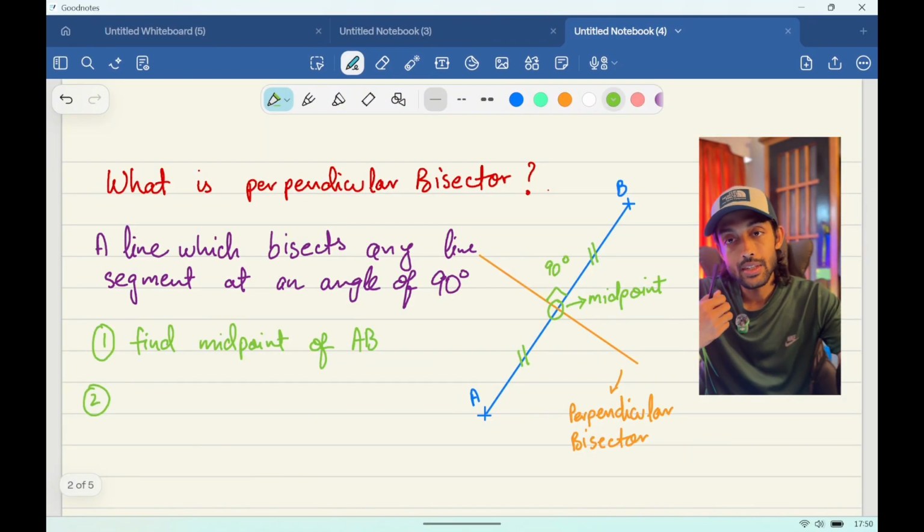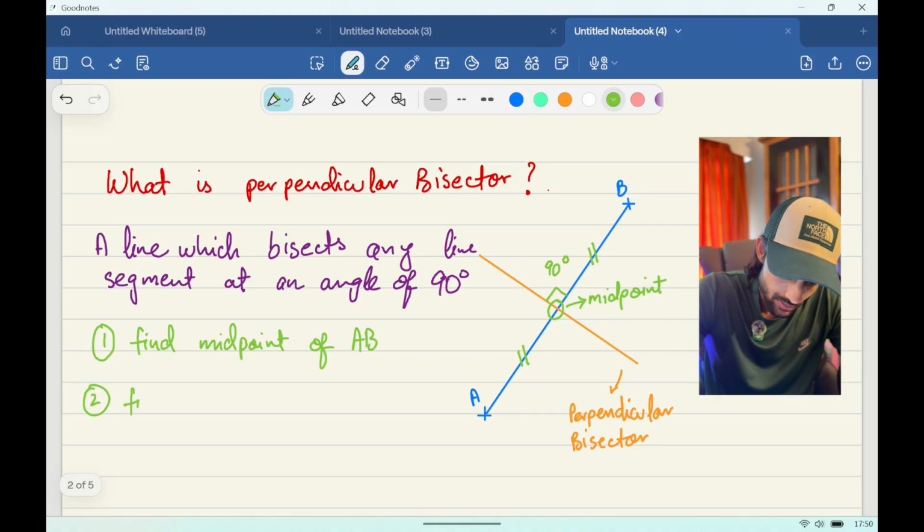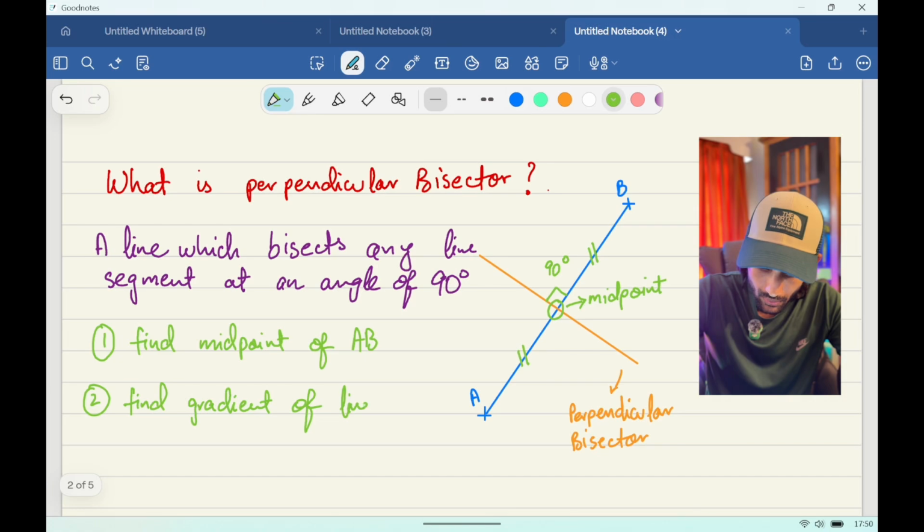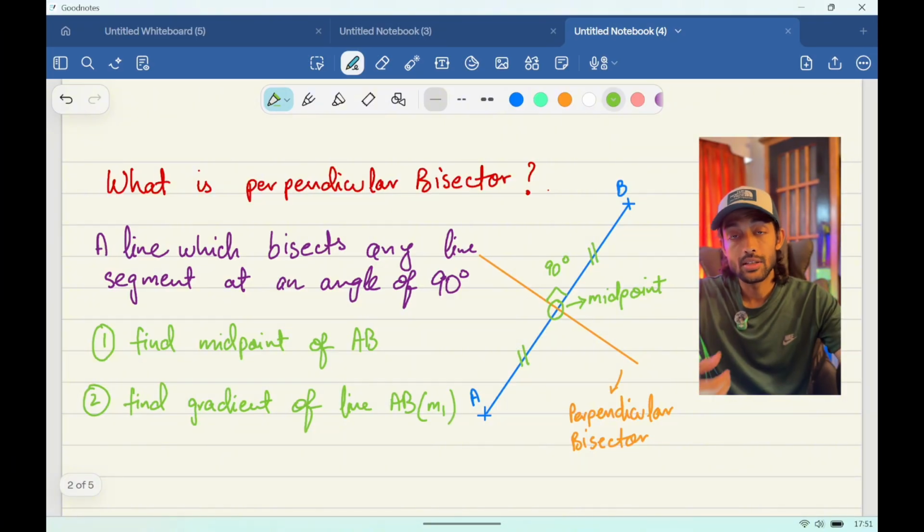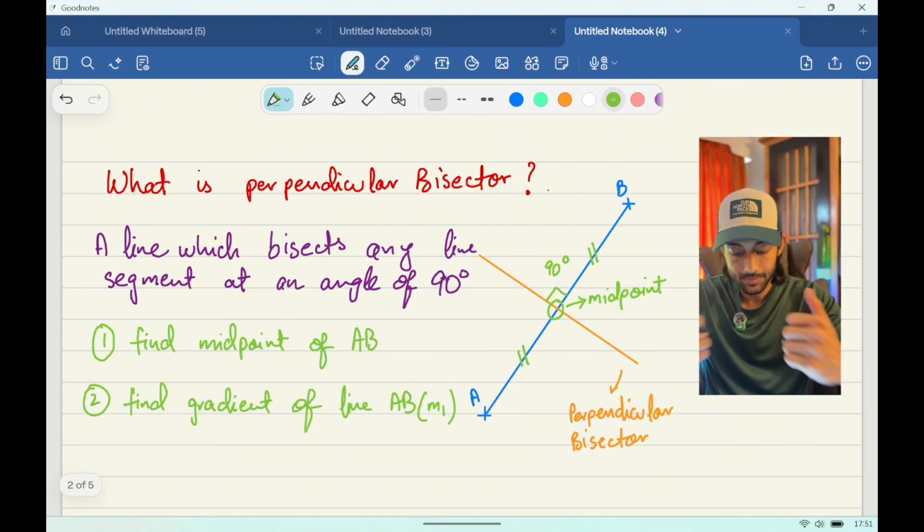The second step that you need to perform is to find the gradient of the line segment. So find the gradient of line AB, and this gradient is basically given as m1, which is your first slope, the slope of the original line.